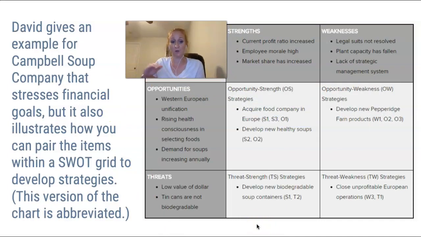So they did the TOWS method, and they were talking about opportunity strengths, opportunity weaknesses, threat strengths, and threat weaknesses. I'm not going to go through this in detail, but I wanted to include this so you could get an idea of some of the things that they came up with in doing a SWOT for their organization. Okay.